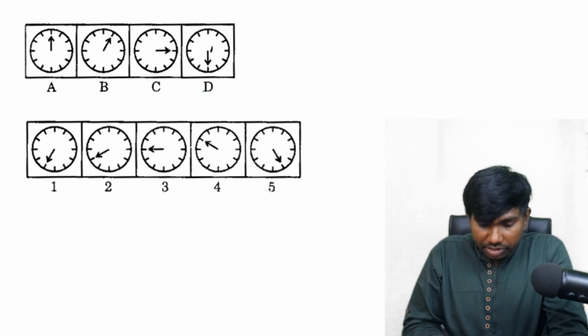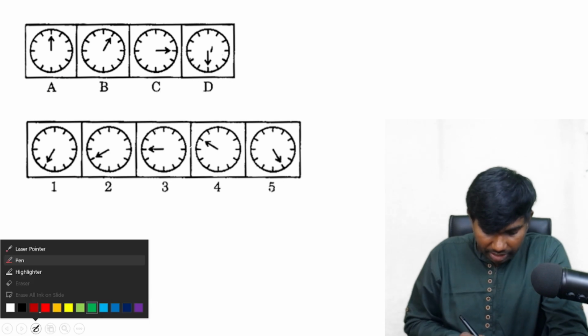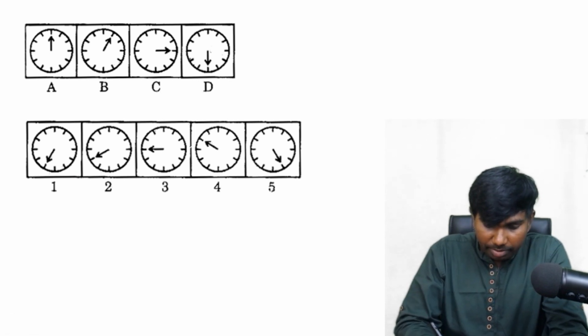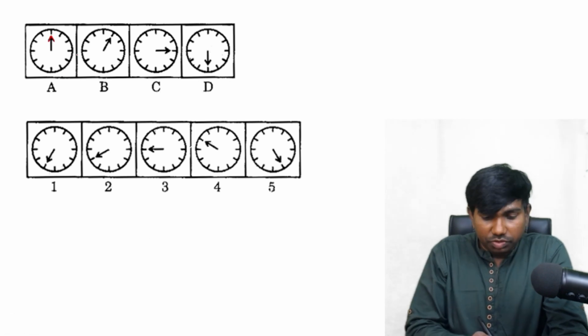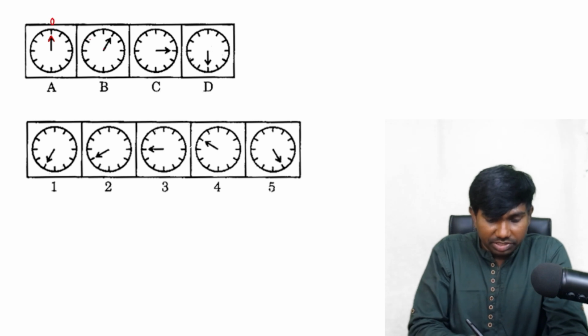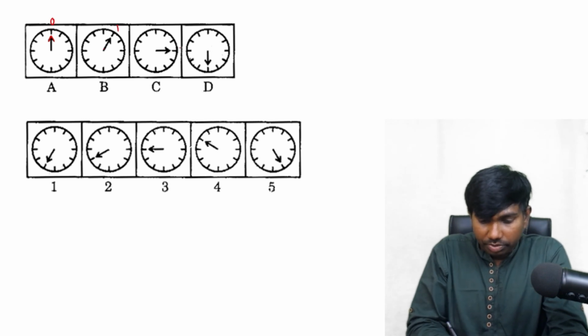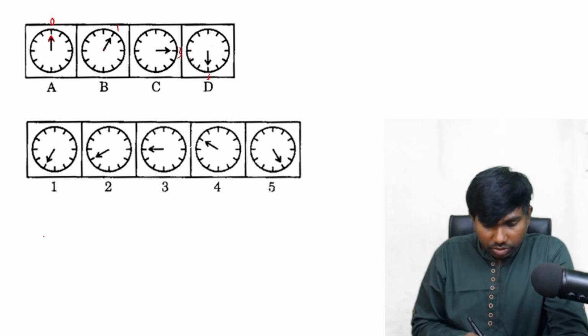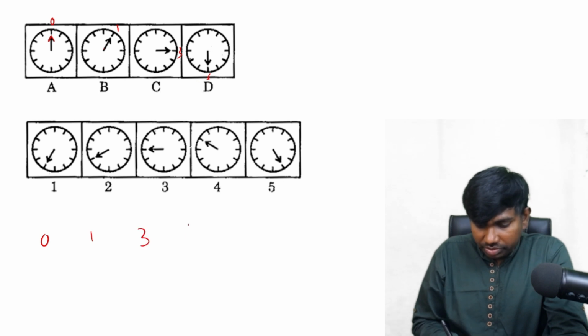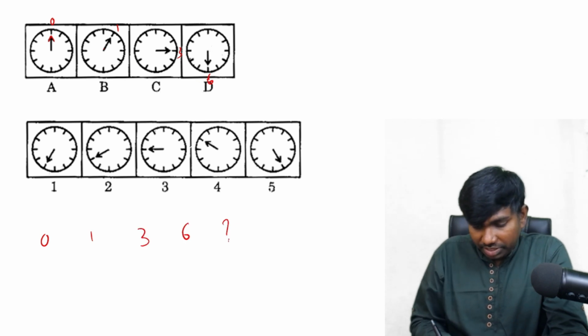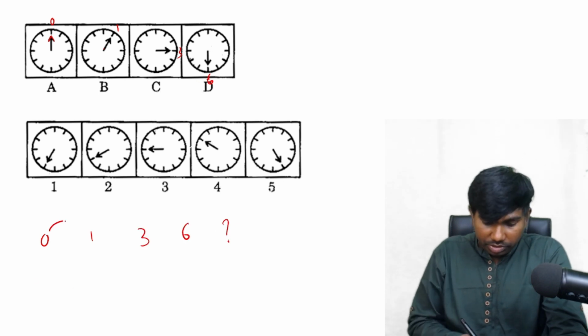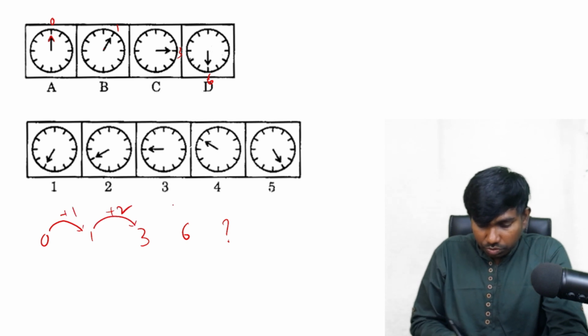Next. In this clock we can get the answer using the time shown by the clock. It is 12, or we can consider 0 also. 1, then 3, then 6. So 0 1 3 6. Now this question becomes a series completion question, right? 0 to 1 it is +1, 1 to 3 it is +2, 3 to 6 it is +3.